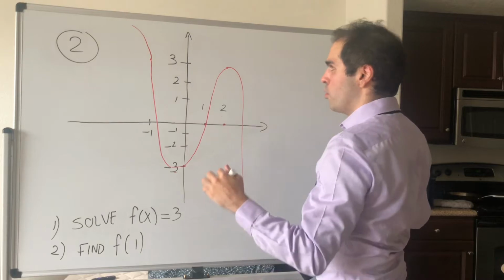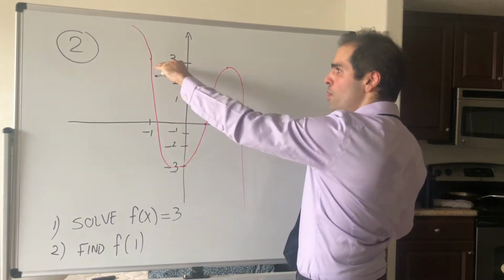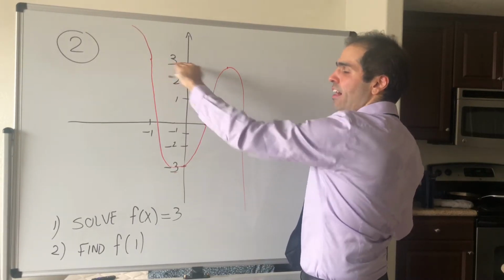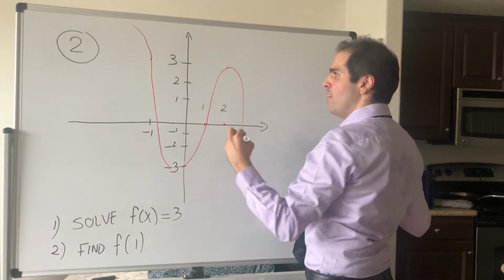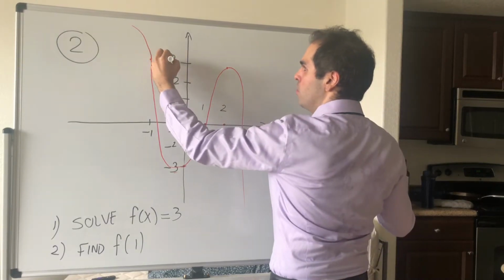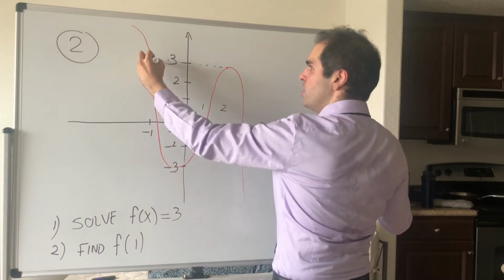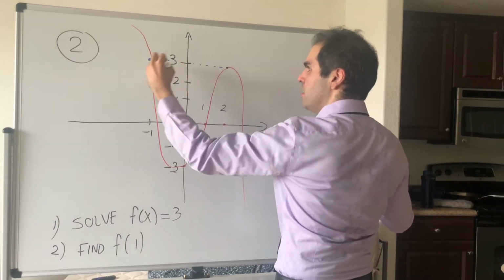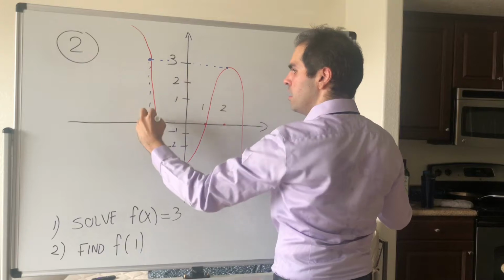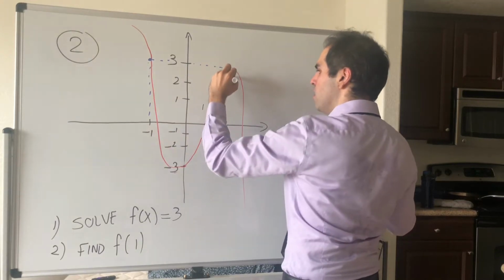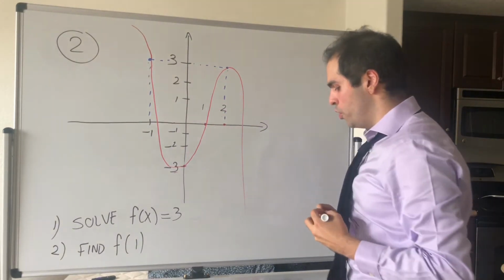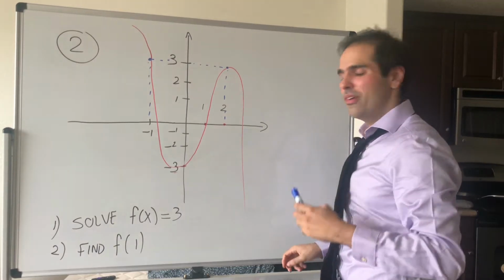In other words, let's figure out for which points the altitude or the level of f equals 3. Well, notice there are 2 points at which f of x equals 3. Either it's minus 1 or it's 2. And I believe there's a typo in the answers.